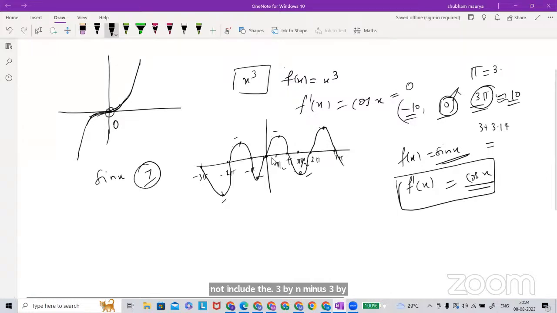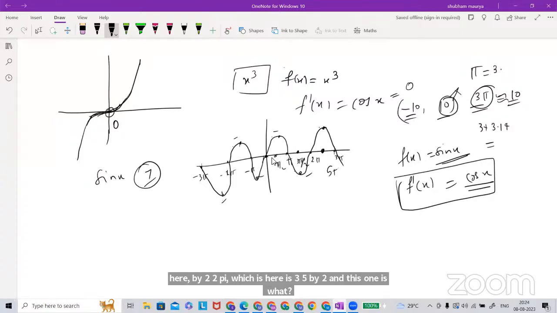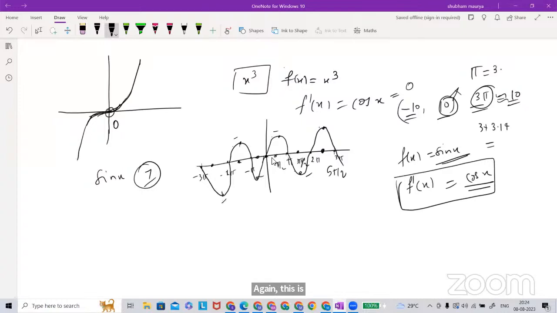Now, if you see the graph of cos, it will be here pi by 2, 2 pi, here is 3 pi by 2, and again this is 5 pi by 2, similarly here, here, and here.